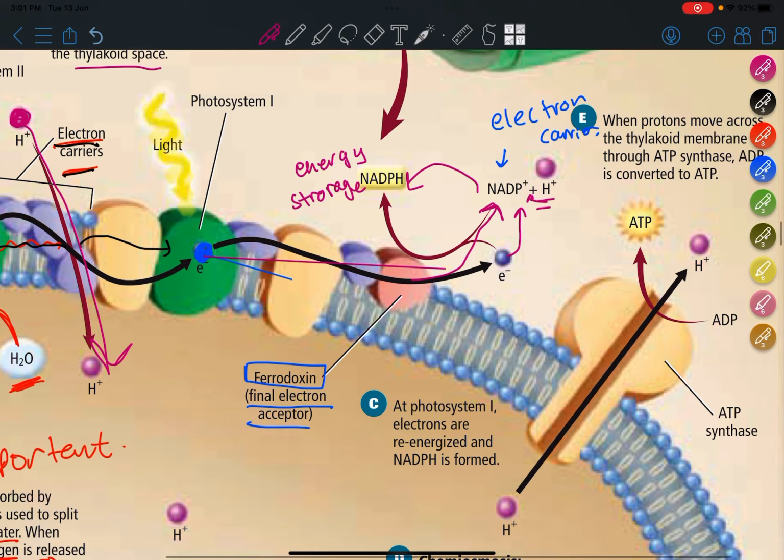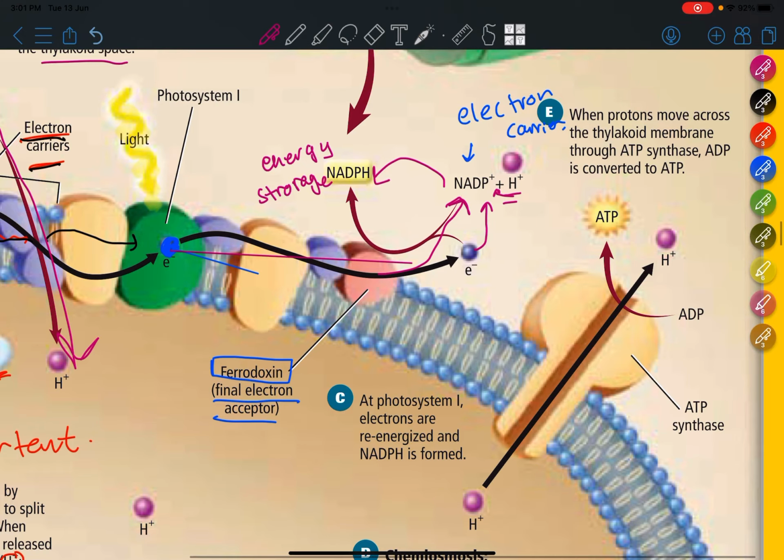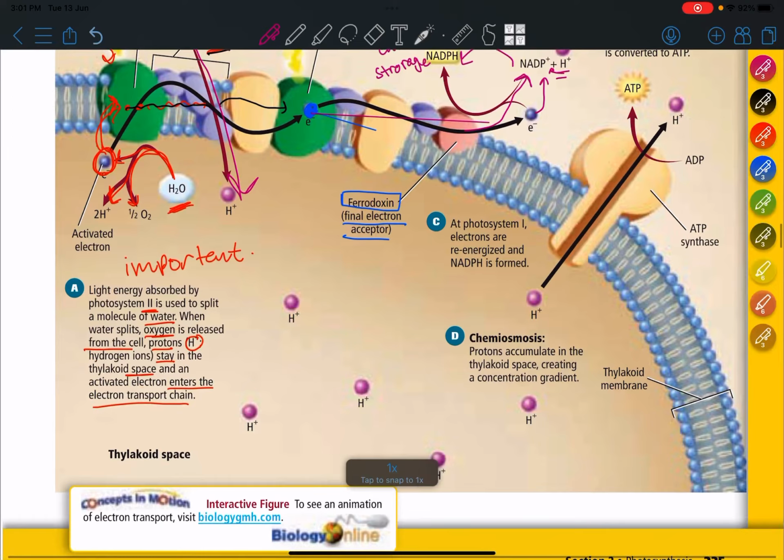Right? Then what do we have? When the protons move across the thylakoid membrane through ATP synthase, ADP is converted to ATP. So we said, now that we have more of the hydrogen ions inside the thylakoid, we've created a proton gradient.